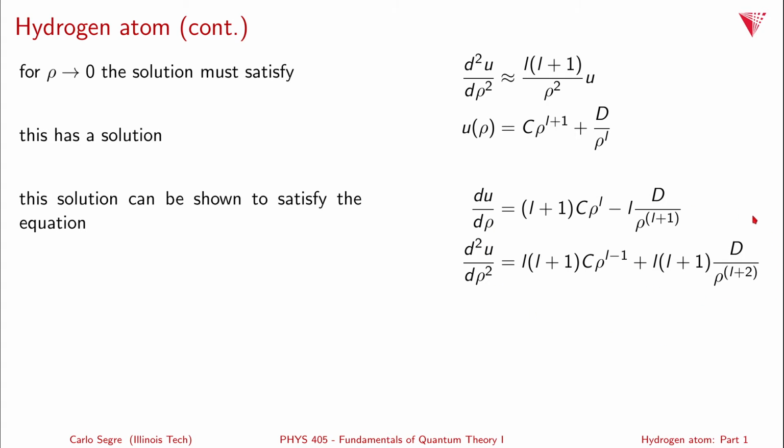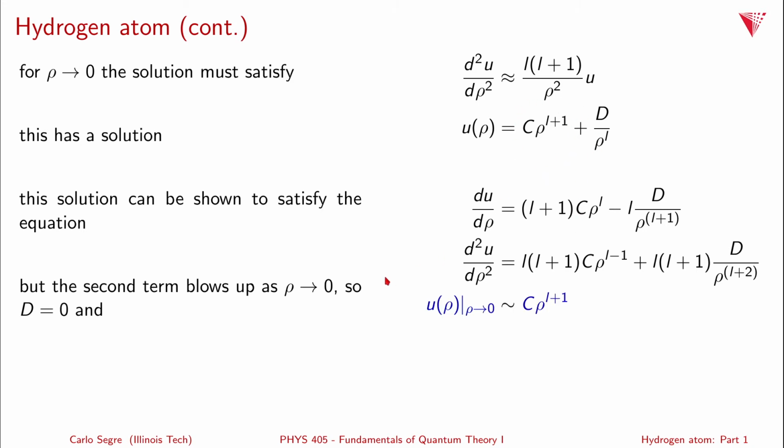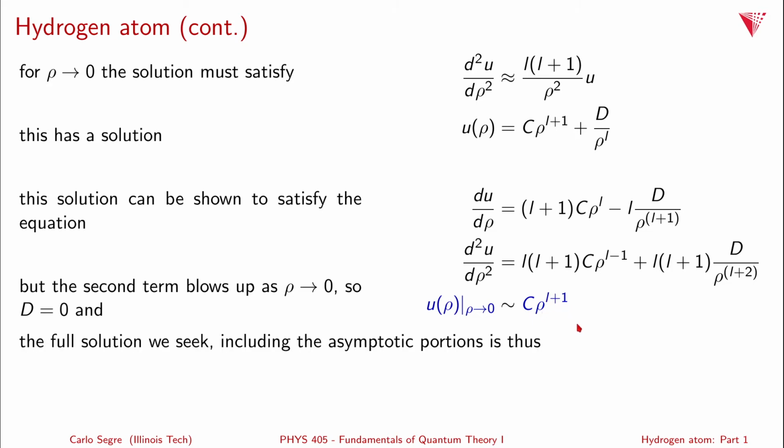Again, this term blows up at 0 and is unphysical. And so we can set D equal to 0, and we get a solution that only contains the first term. So U of rho as rho goes to 0 has got to be approximately C times rho to the L plus 1 power. So now we have our full solution at the asymptotes.